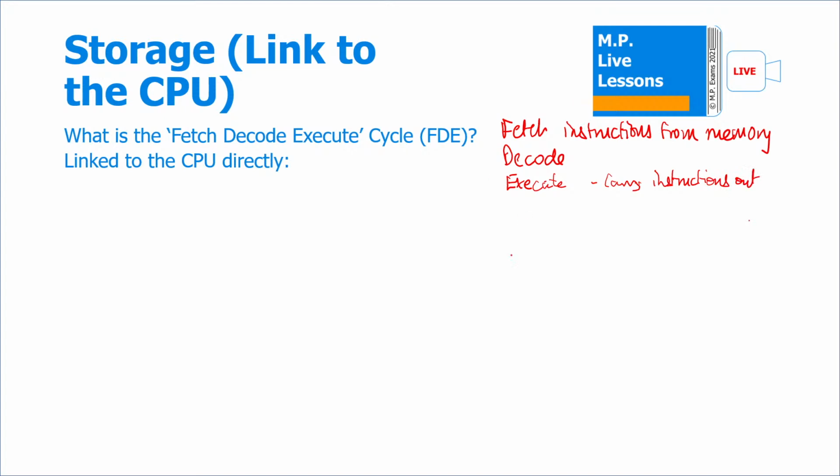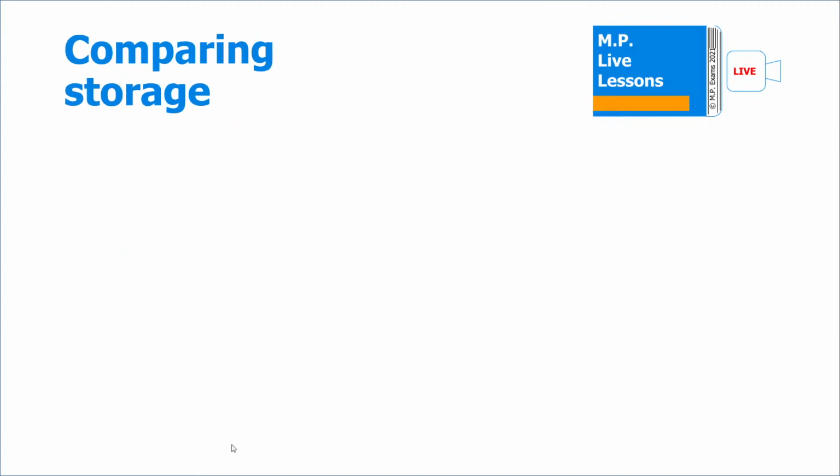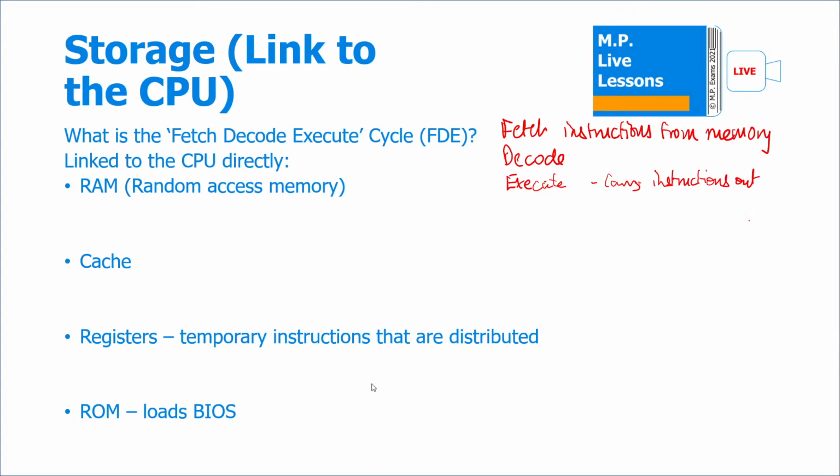Now, storage, the primary storage where it keeps all these instructions can be, for example, RAM, random access memory, cache, registers, and ROM. Now, RAM stands for random access memory, so that's usually quite close to the CPU.